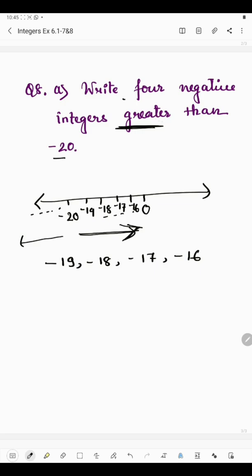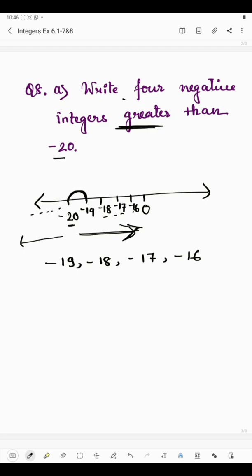So always remember, when greater is mentioned, we will have to move to the right. And we know that any number which is left of any number on the number line is actually smaller. Like when you compare these two, minus 19 is right of minus 20, that's why minus 19 is greater. 4 negative integers greater than minus 20 are minus 19, minus 18, minus 17 and minus 16.